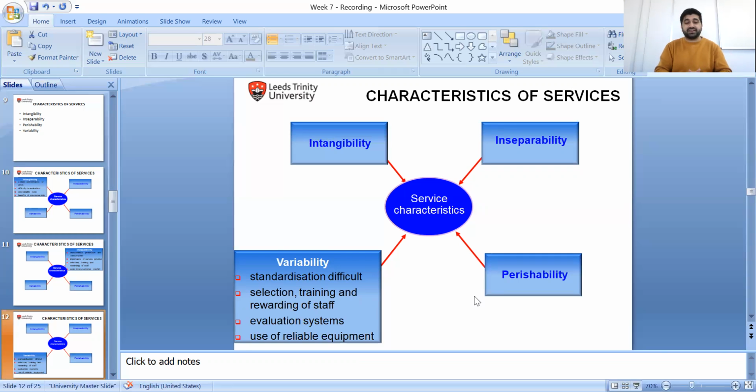If we go to any bank, the bank is providing a service. However, there is a specific infrastructure and environment. They use different machines, different equipment. So we can say that there is variability in the use of reliable equipment.